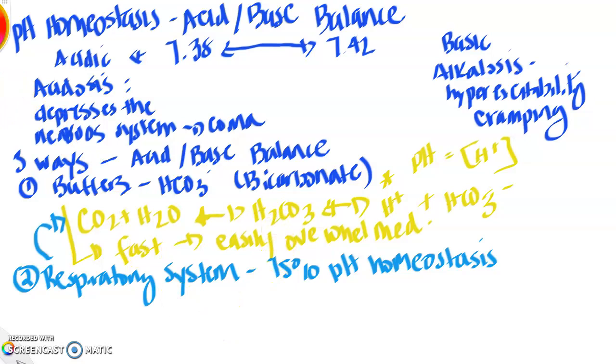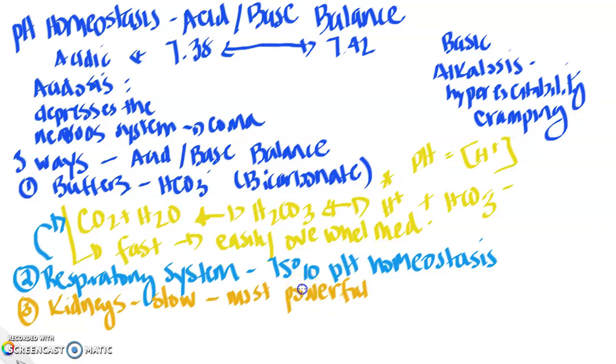So the last way is through the kidneys. The kidneys are pretty slow, but they're the most powerful.